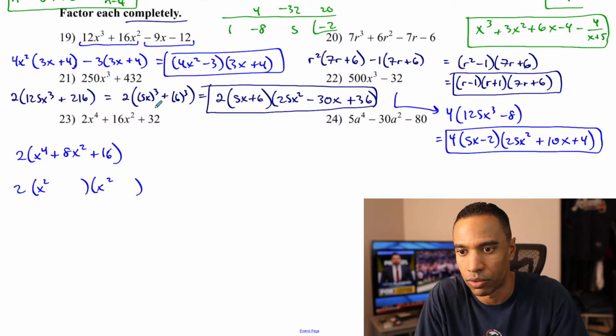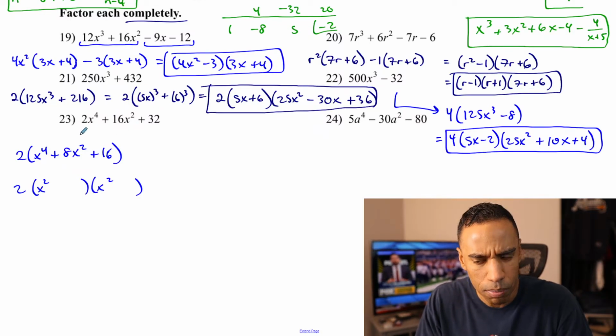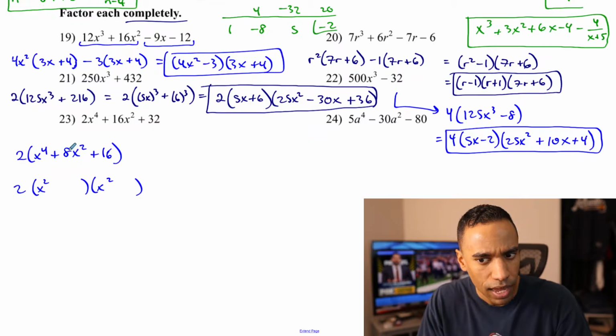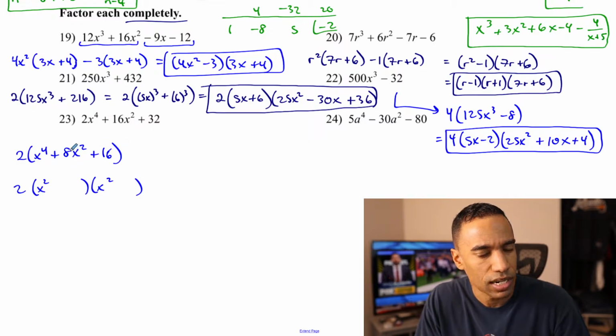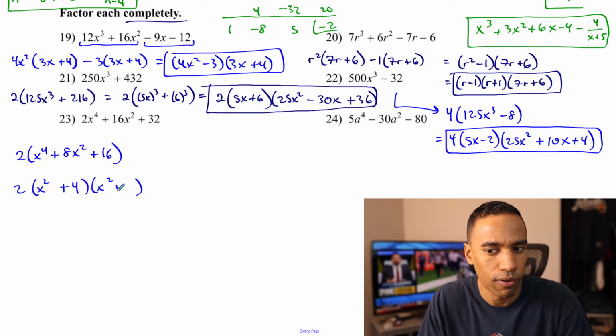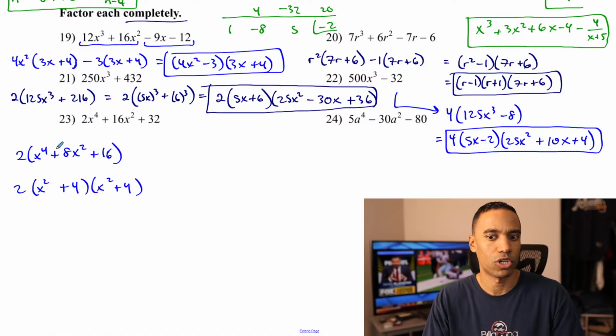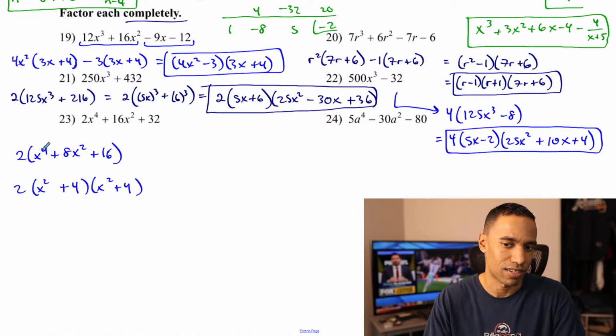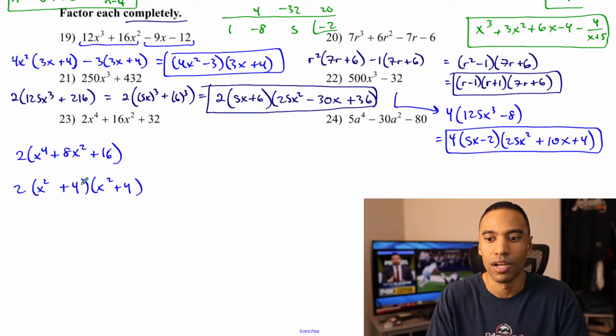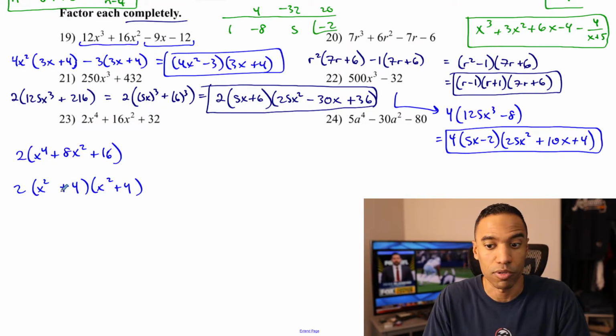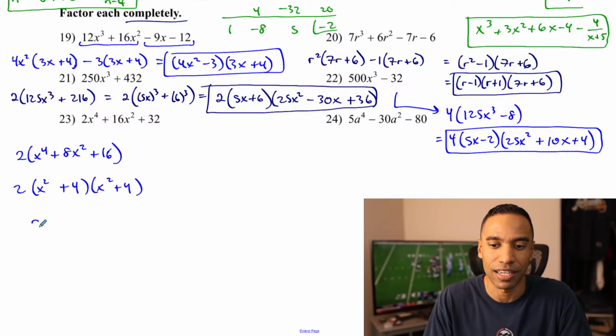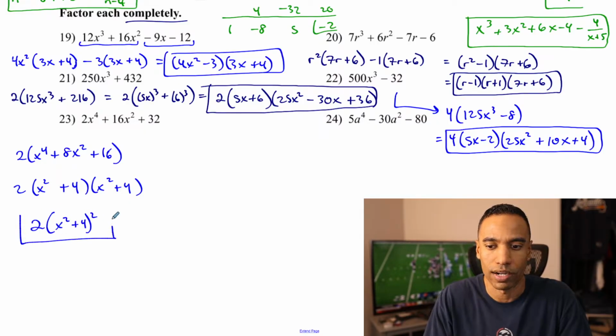So now I got to figure out what two terms multiply to become 16 and add to become 8. Well, that's 4 and 4. This is a perfect squared trinomial in disguise because it's a perfect quartic trinomial there. X squared plus 4 times x squared plus 4, which cannot factor more, but I can collapse and condense this into x squared plus 4 quantity squared.